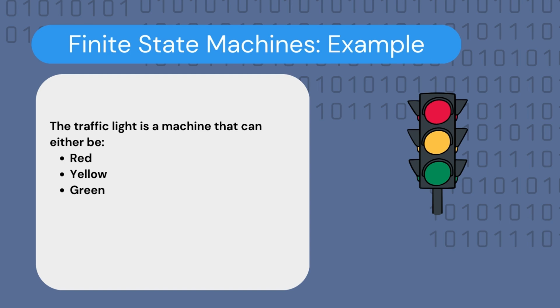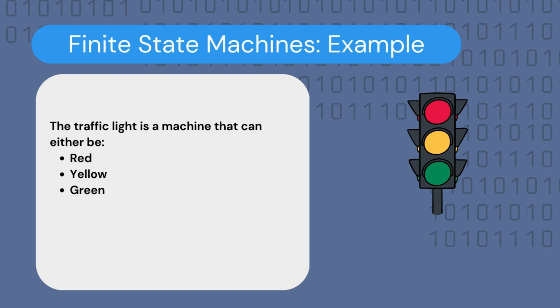One common example to solidify what a finite state machine is, is the traffic light system. A traffic light is a machine that can either be in a red light state, a yellow light state, or a green light state. It can't be red and yellow at the same time, but rather in one state at a given time.